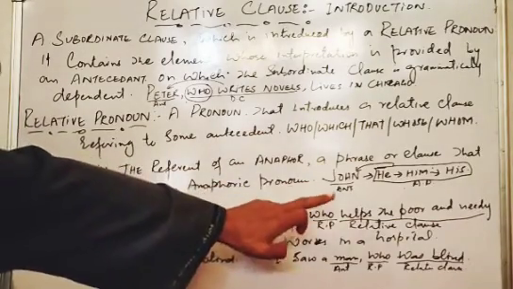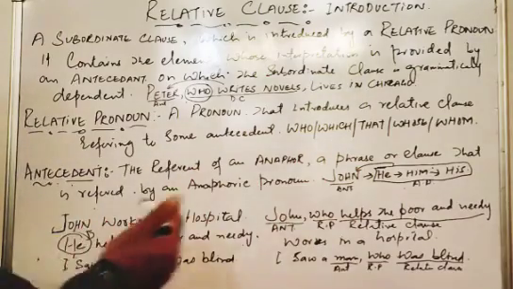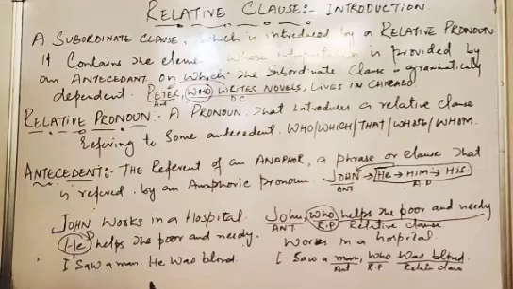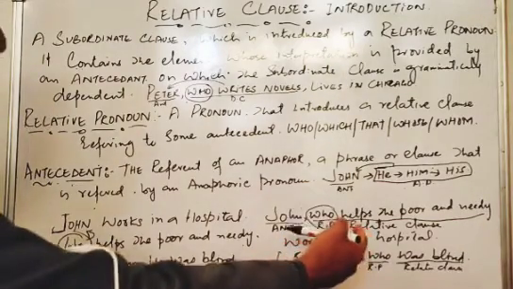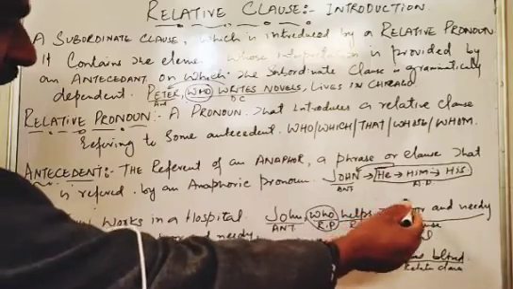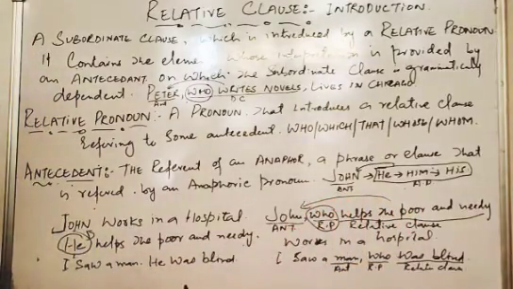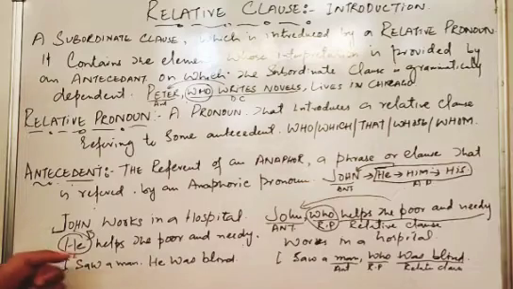John who helps the poor. Who is introduced here. Who is a relative pronoun. It introduces a relative clause, helps the poor and needy. This is basically a subordinate clause. It gives us information about John. John who helps the poor and needy works in a hospital. In the second example, I saw a man, he was blind.